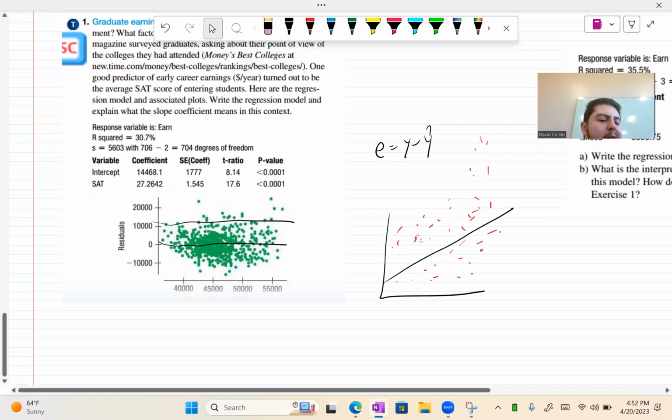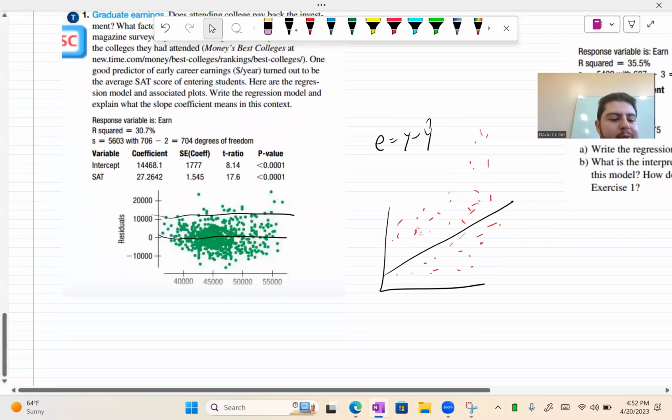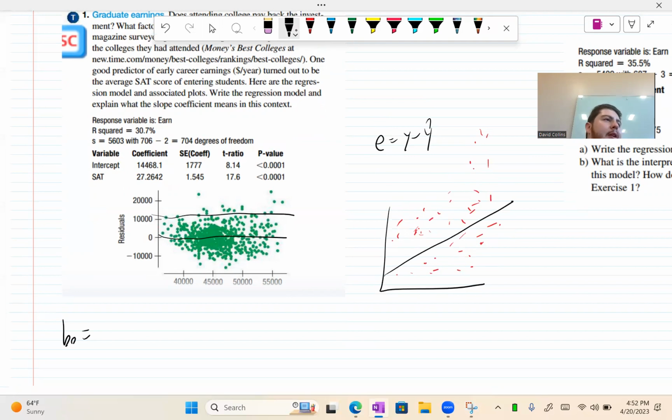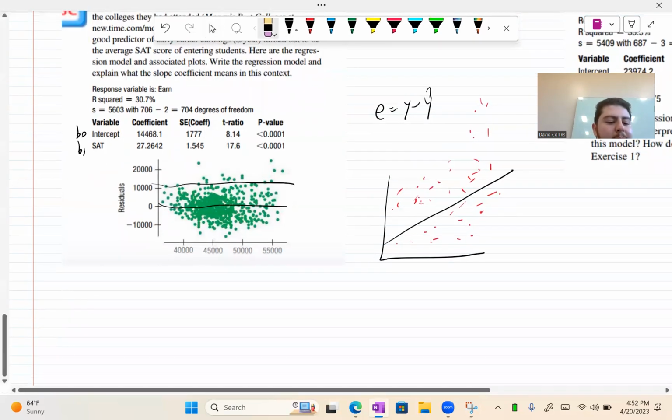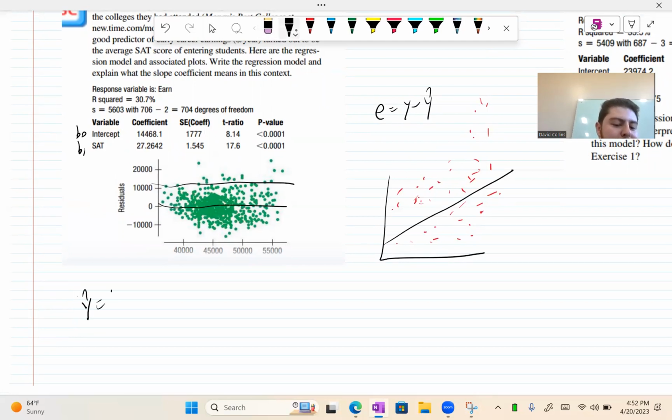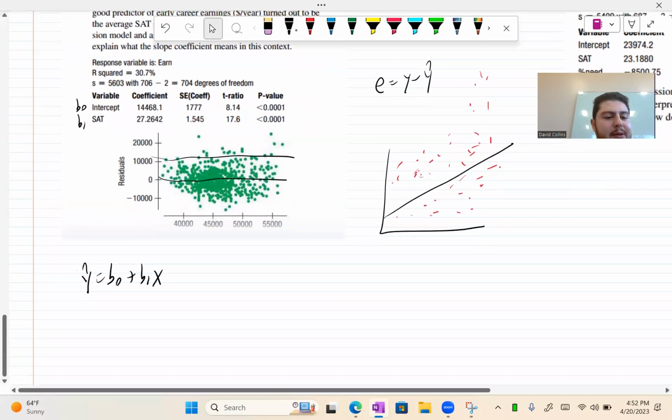Okay. Hey, focus on the table part. What is our intercept? What variable is the intercept? This is not a trick question. Say it out loud. Which variable is the intercept? Intercept, right? Which one is our slope? SAT score. So what would the equation of our line be? I'll write out the general equation form. This is one way that on the final, we can link back to an old topic.